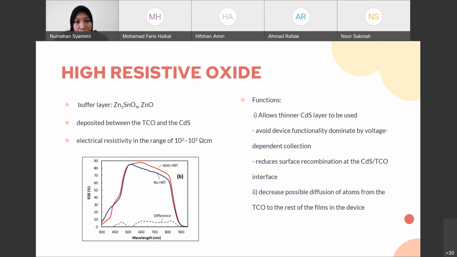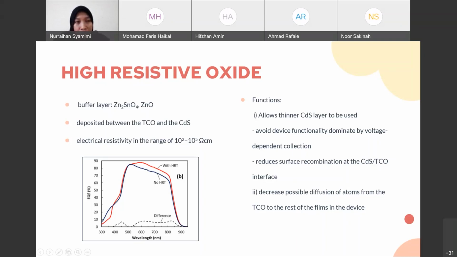This enables the space charge in the P cadmium telluride region to remain sufficiently wide as the cadmium sulfide is thin. As a result, it can avoid device functionality dominated by voltage-dependent collection, such as low fill factor due to loss of minority carrier collection and high forward bias.